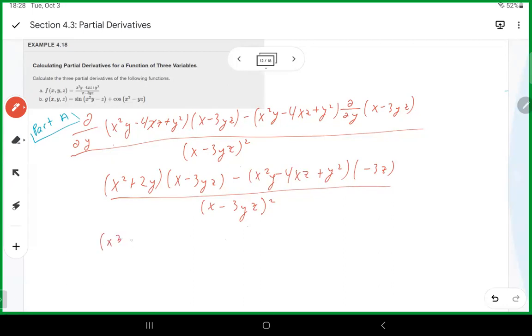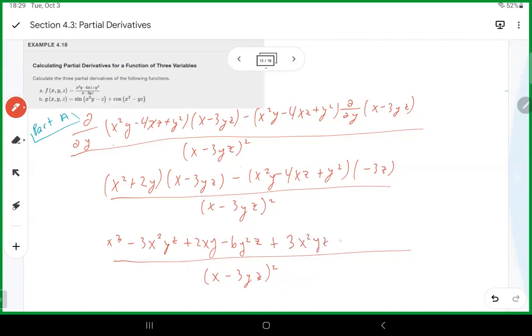The x cubed is 3x. Negative 12. Negative positive.